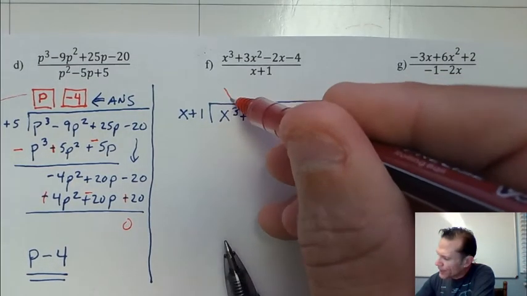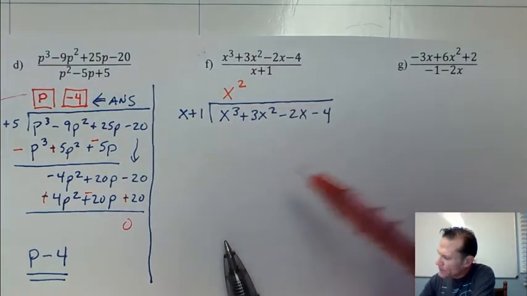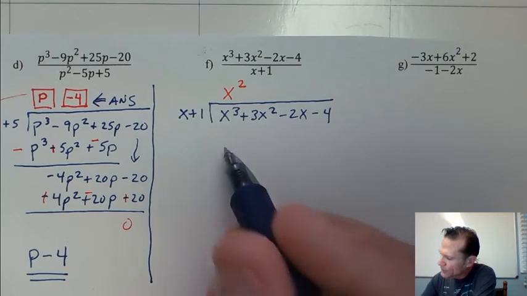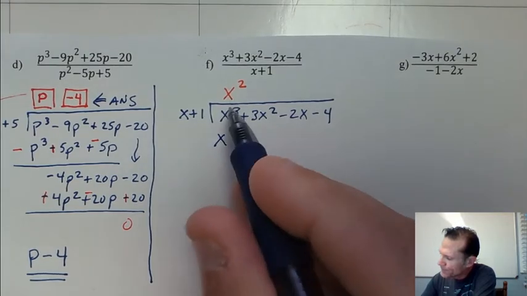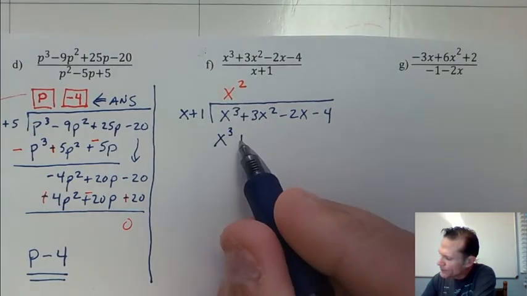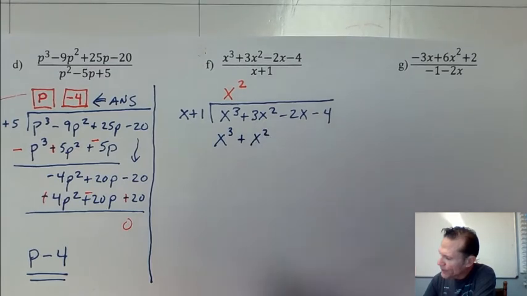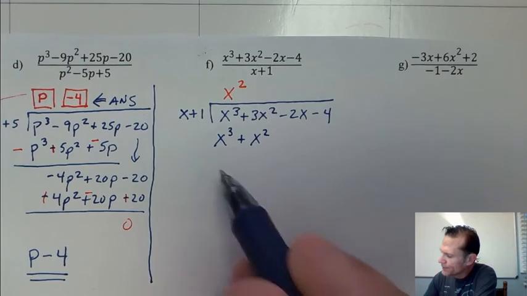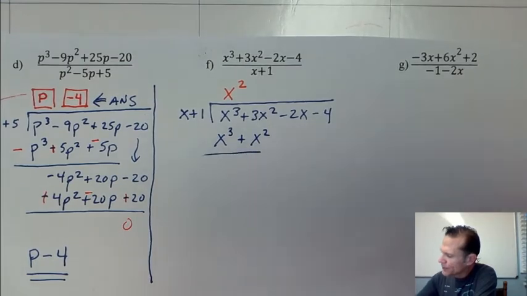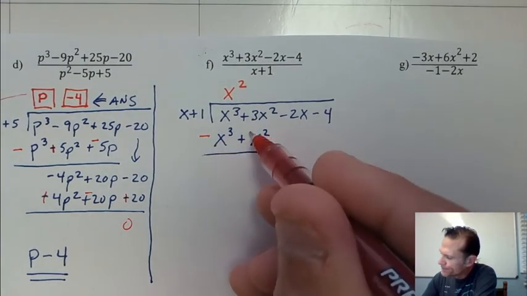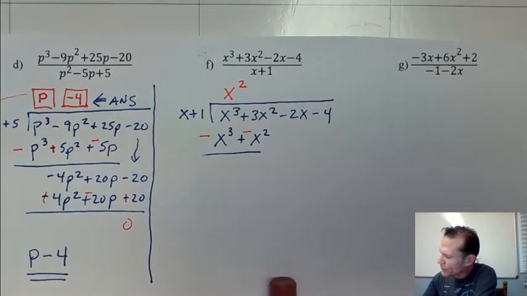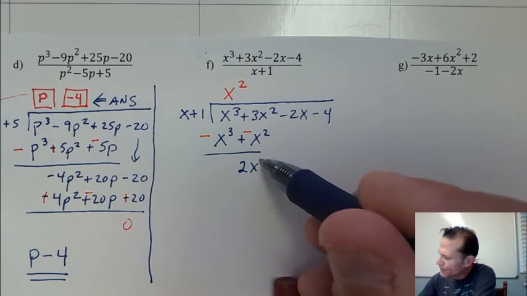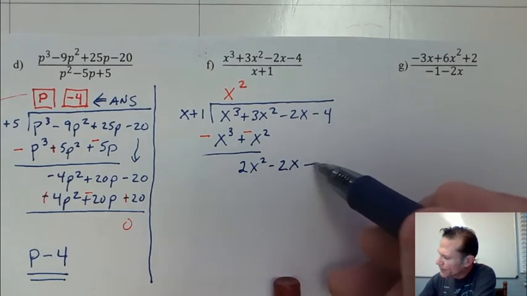Let's see, I'll put an x squared. I won't use the boxes this time, but I'll use the different colors. So I get x to the third. X squared times 1 is positive x squared. I like to put my signs in there. I'm going to draw my line, change my signs, and I get 2x squared here, minus 2x minus 4.